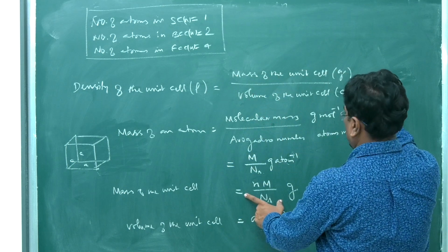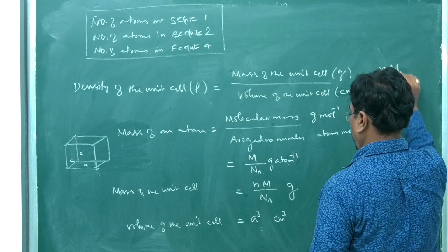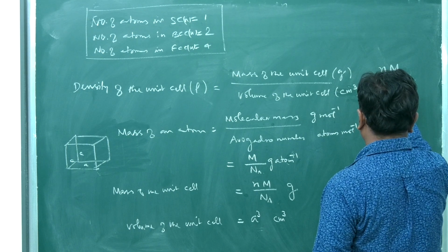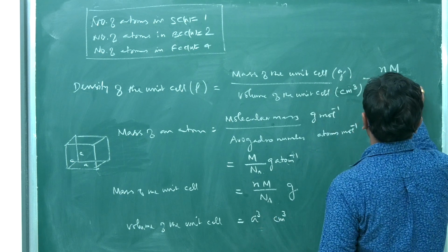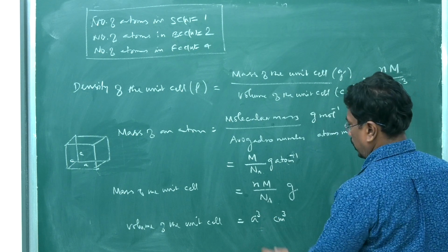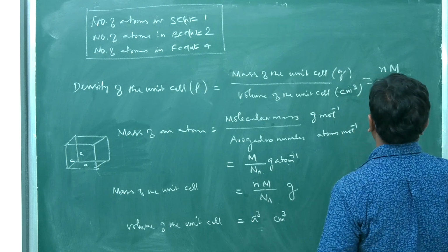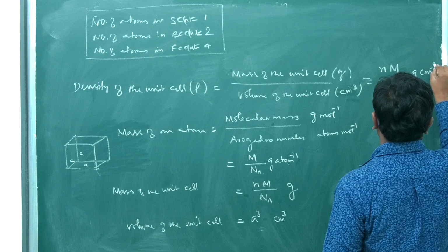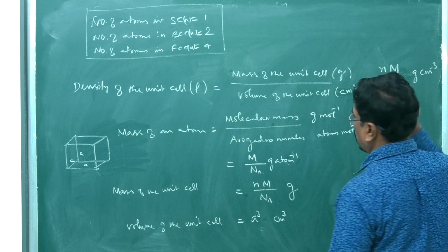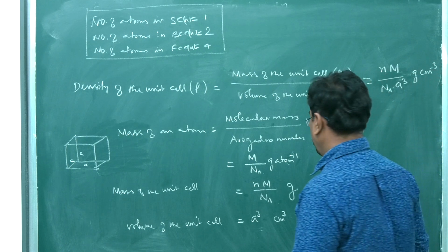So, this is equal to n into M divided by Na, that has to be divided by A cube, that is volume of the unit cell, edge length, that will give density in gram per centimeter cube. All right. A capital A can also be used. So that is about density of the unit cell.